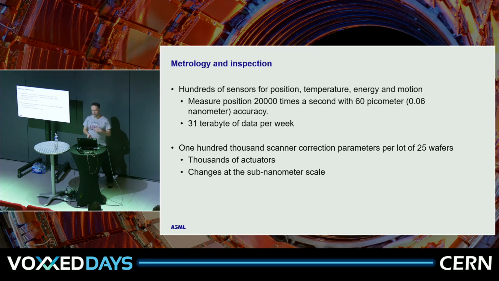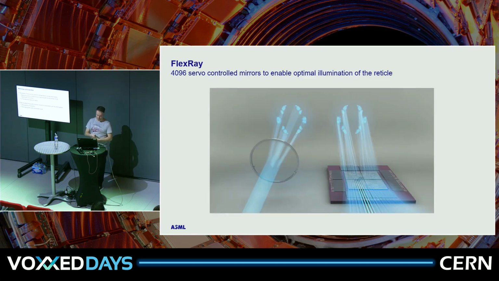So we can do a lot of tweaks to make sure the next layer goes even better than the previous one. And this amount of data probably will only increase in the future. We're measuring more and using more and more to recalibrate. Some of the recalibration is already happening on the machine, sort of in real time. And the more advanced algorithms are performed at a later stage, which we will see later.